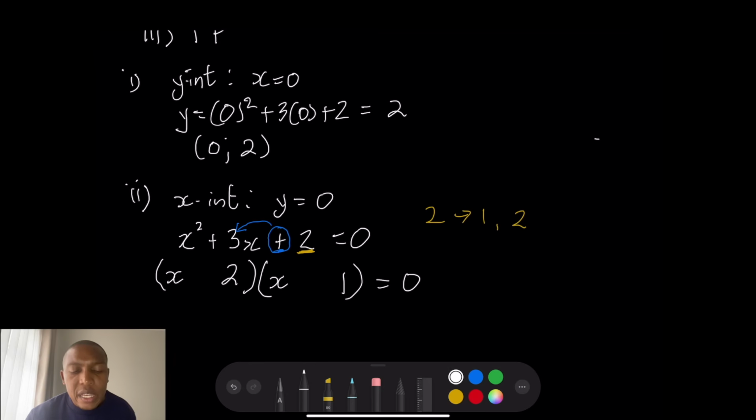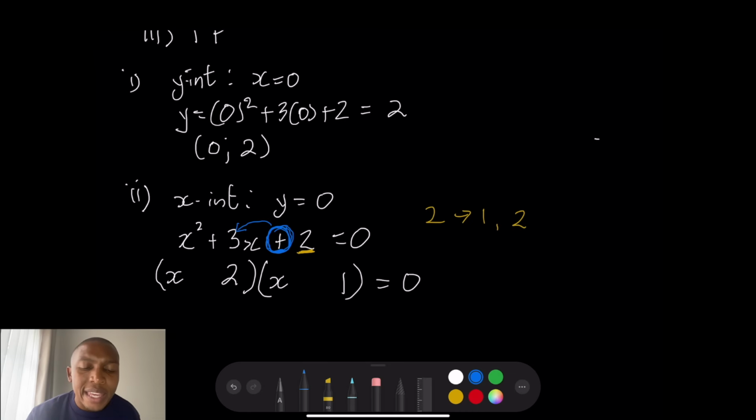So now I want to find out what the sign inside of my bracket is. Again, please listen carefully. If the sign of your constant term, the one that I'm circling in blue, is positive, then it tells you that the signs inside the brackets are the same.